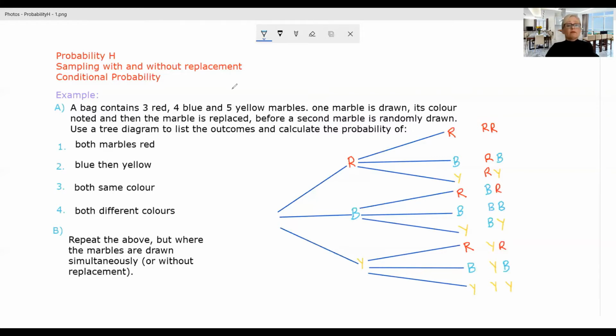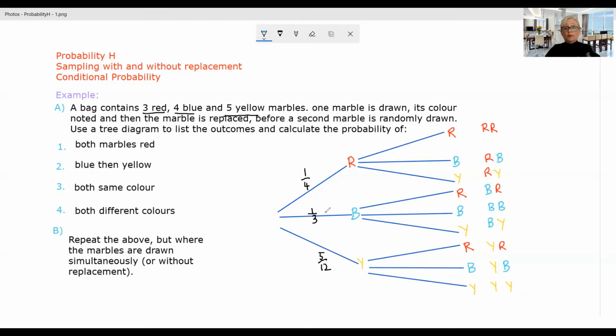So we've got 3 red, 4 blue, and 5 yellow marbles in a bag. So the probability of us reaching in and getting a red one out would be 3 on 12, which is a quarter. Probability of us reaching in and drawing out a blue one would be a third, because we've got 4 out of 12, and we've got 5 yellows in there out of 12.